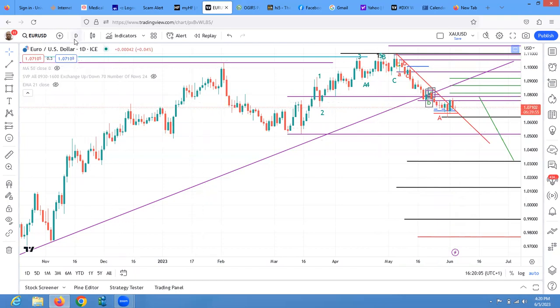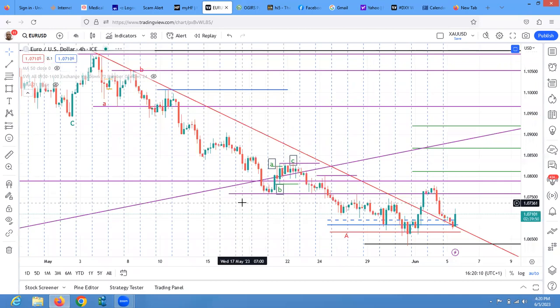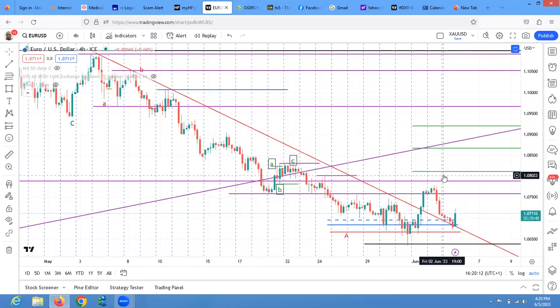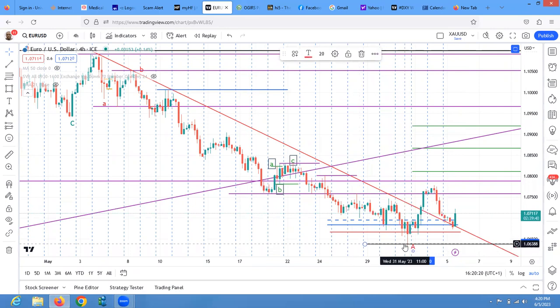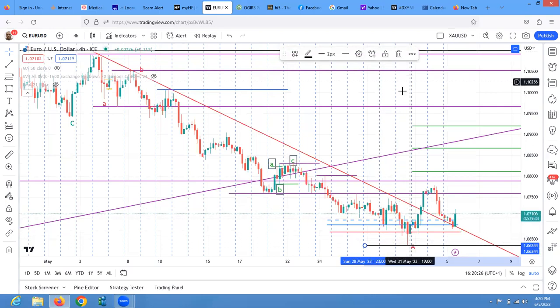So back to the 4 hourly, we have broken the structure. We are trying to do an ABC on the daily, which is this A. And we are trying to work out a B wave on the daily to correct the weekly.